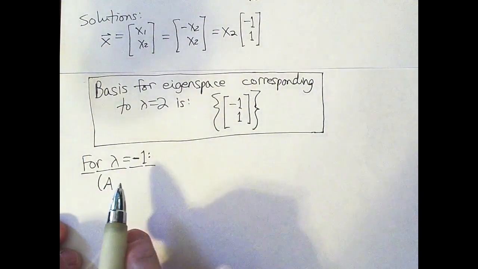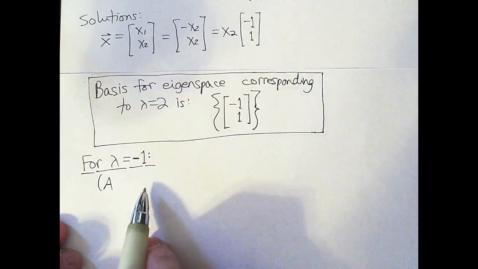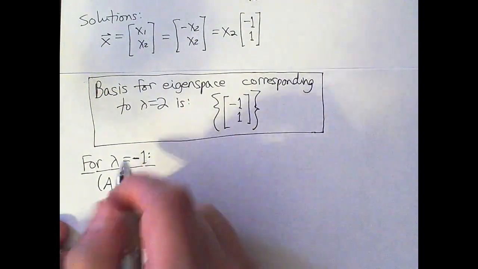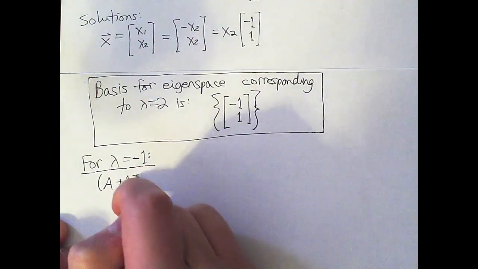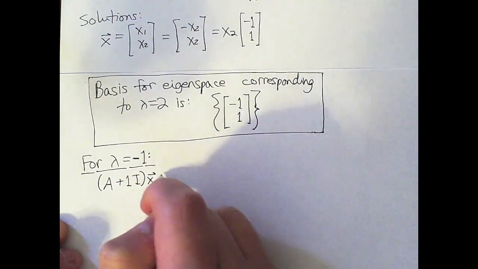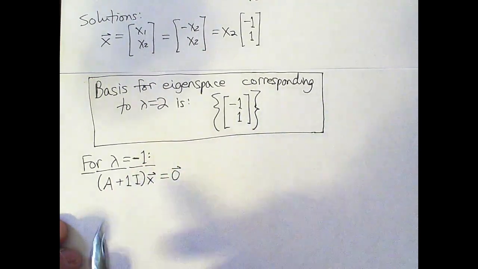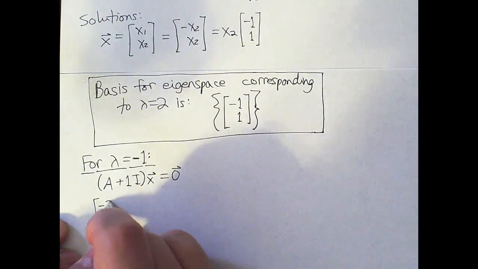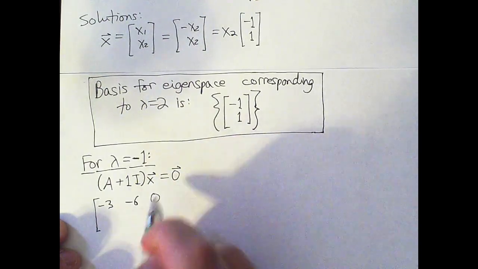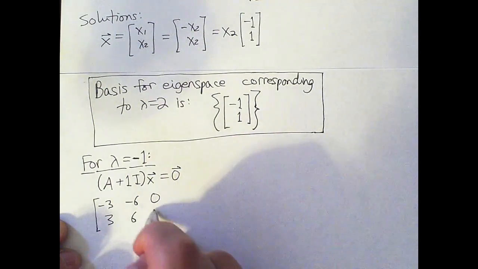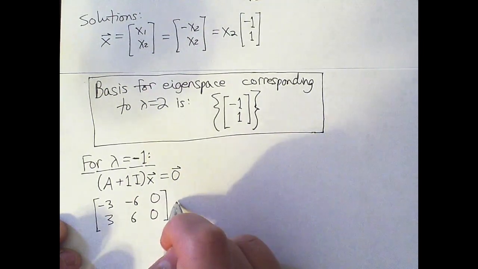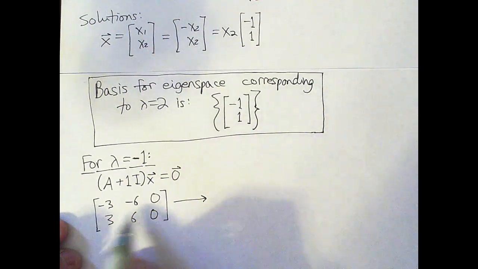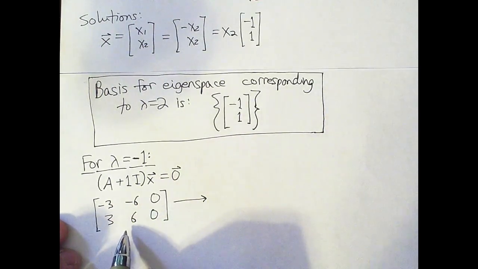Okay, so I need to do A minus lambda I, but because lambda is already negative, I'm just going to write plus 1I. Minus a negative number, so I made it plus. So the augmented matrix of this system: -3, -6, 0, 3, 6, 0. I expect to see matrices that lead to free variables, so it's not a surprise to see this kind of structure.